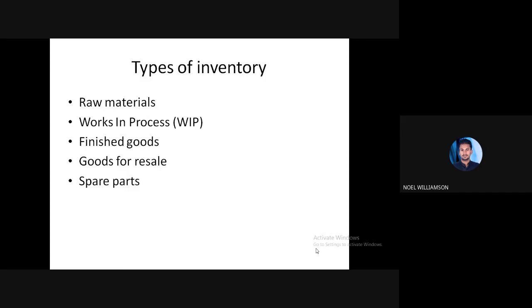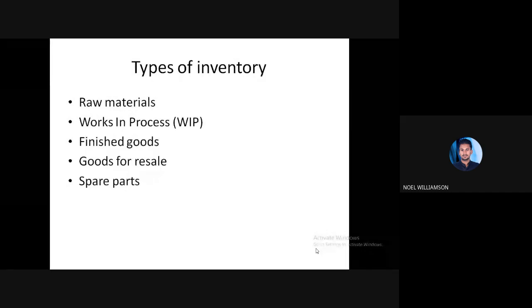Next comes the work in process inventory. Work in process inventory means mainly in the case of assembly and all. We have to have product 1 and 2 to be assembled. After reaching 1 and 2 in the requisite quantity only, we start the assembly operation.